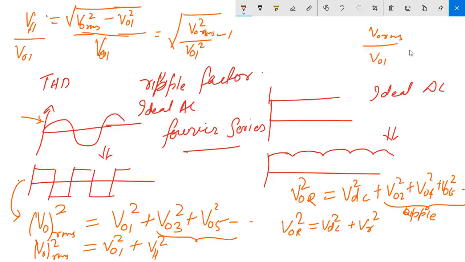In your networks or basic electrical you might have studied this. This is called the distortion factor. Minus 1, or I think it's reverse. Just make sure.